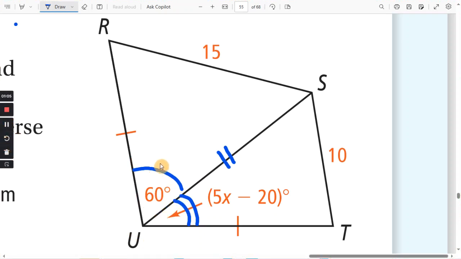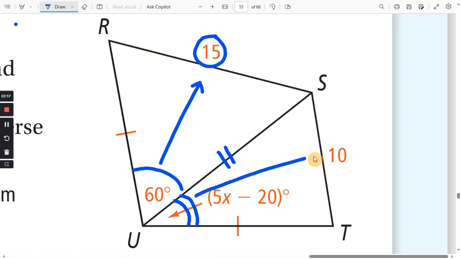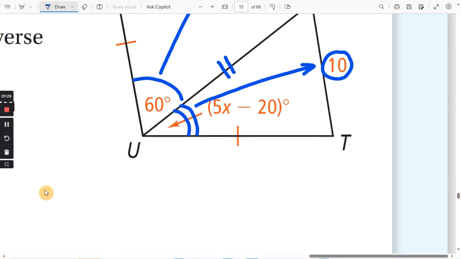Across from the 60, we have a side length of 15, and across from this angle, we have a 10. So the 15 is greater than the 10.